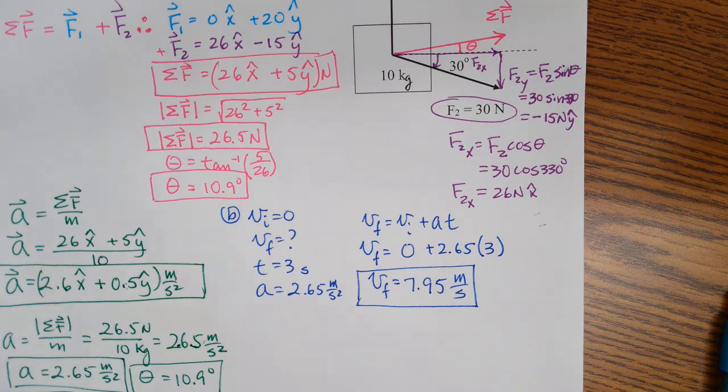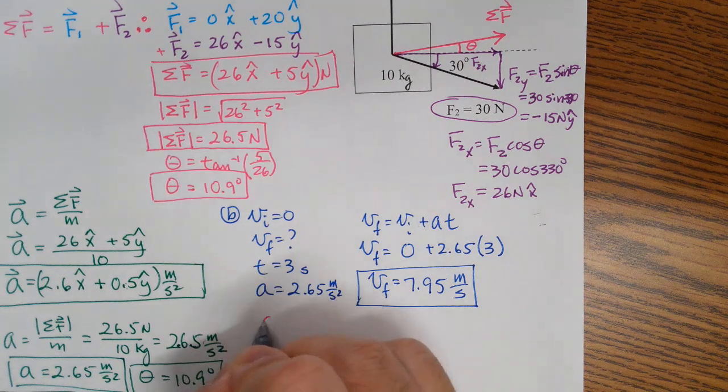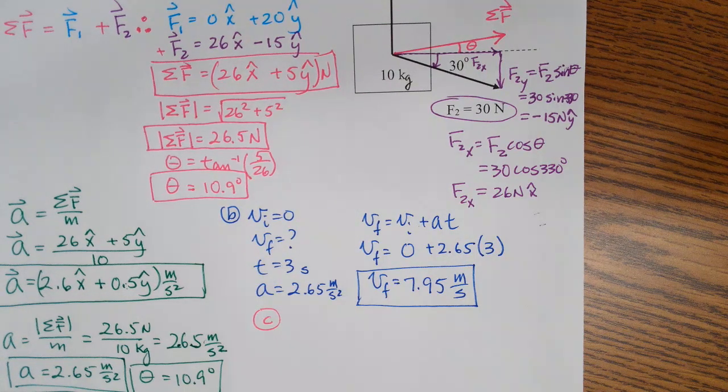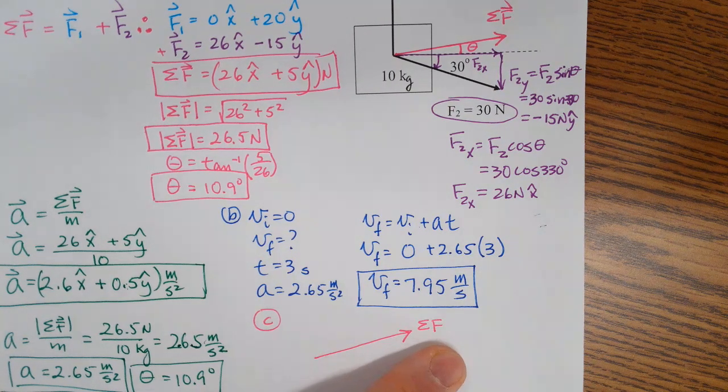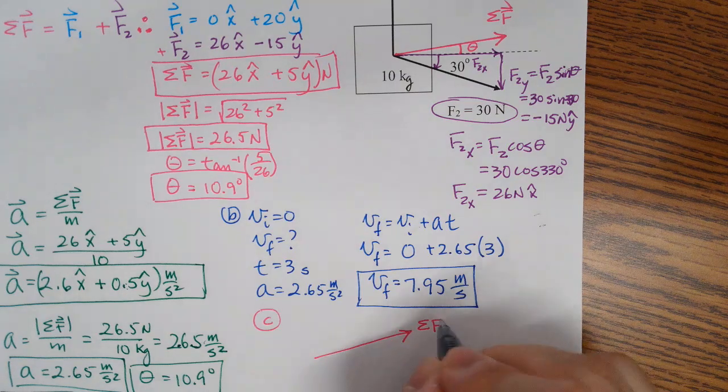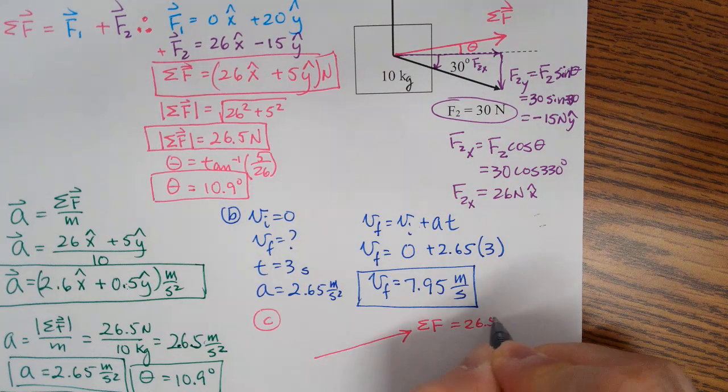All right. Now for part C, they're asking, find the third force, F3, needed so that the object is in static equilibrium. Well, we know the net force is going this way at 10.9 degrees at 26.5 newtons.